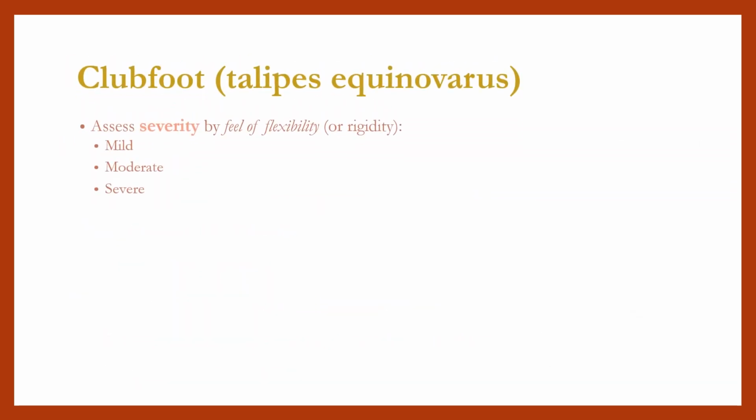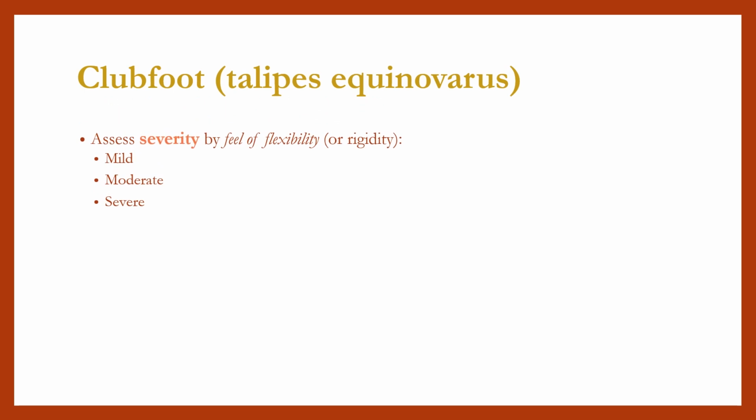Assessment of the severity of clubfoot is by feel of flexibility. It could be mild, moderate, or severe. The incidence of clubfoot is 2 per 1,000 live births. Known genetic factor is about 10%.